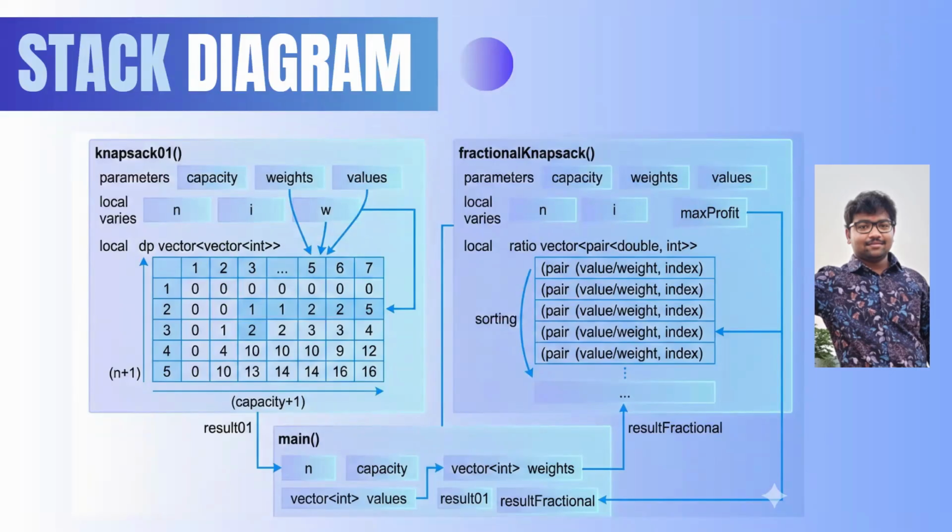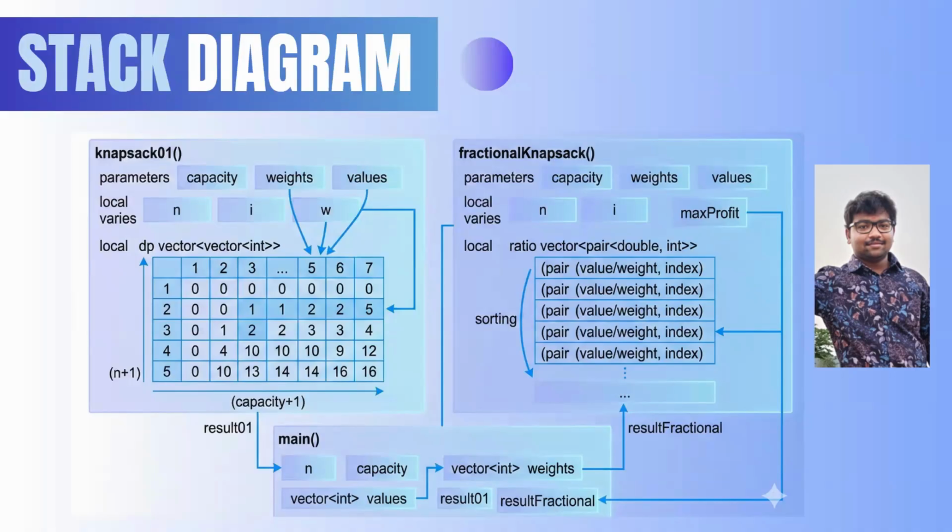When a function is called, a new stack frame is created above main, and this is exactly what the diagram shows. Let's first look at the left side, which shows the stack frame of knapsack 0/1. Here the parameters n, capacity, weights and values are passed from main.